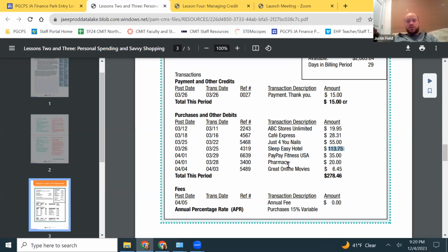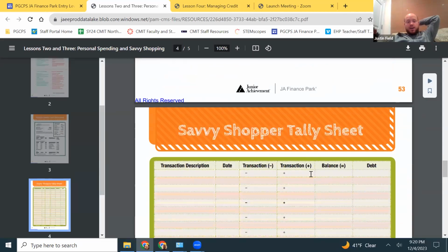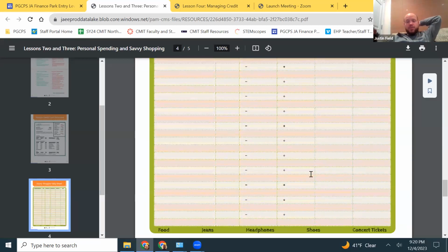She spent the night in a hotel, went to the pharmacy, bought some movies online, all normal stuff. And whoa, $278 on stuff I didn't need. And then her credit card interest rate is 15%. That is an example of a credit card statement.